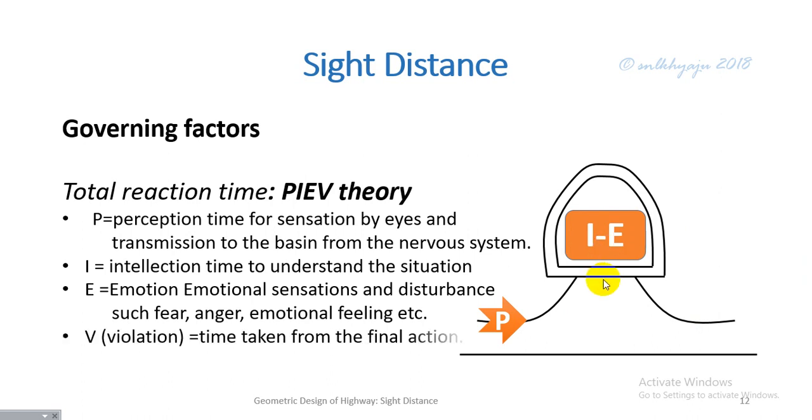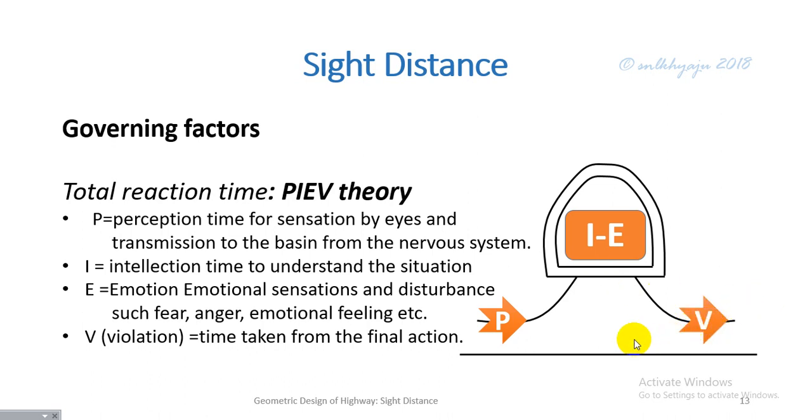After that, V, volition. Volition means the time taken for the final decision, that is whether the condition disturbed the driving or not. Then the final time taken to react to the situation is the volition.